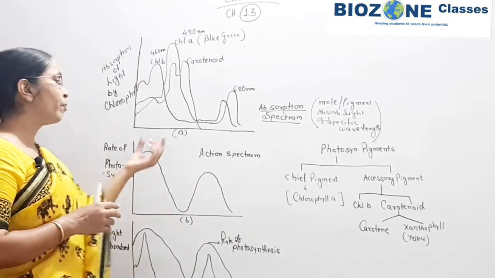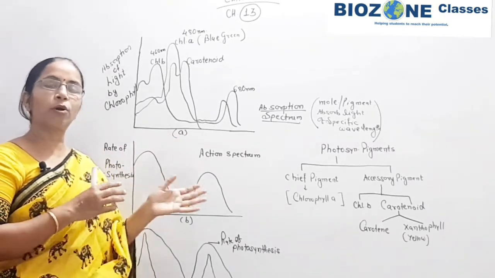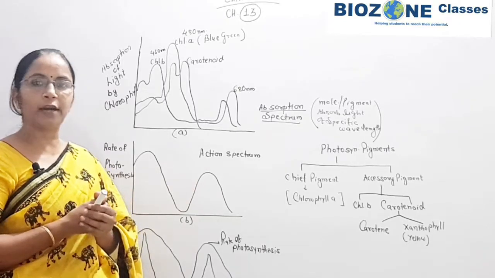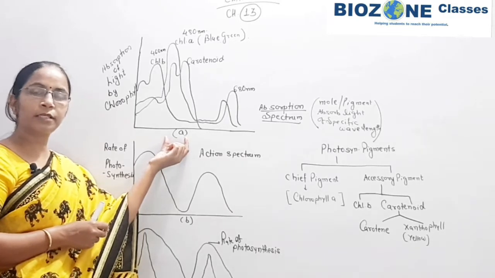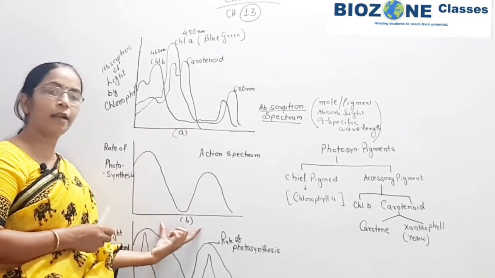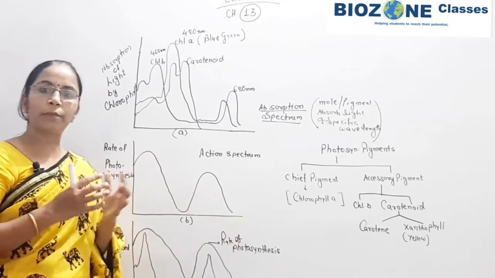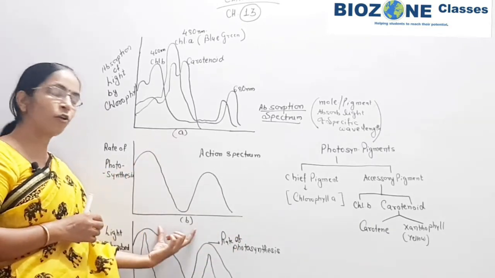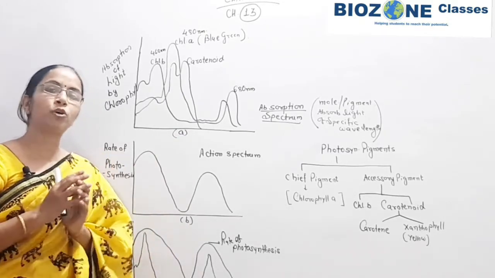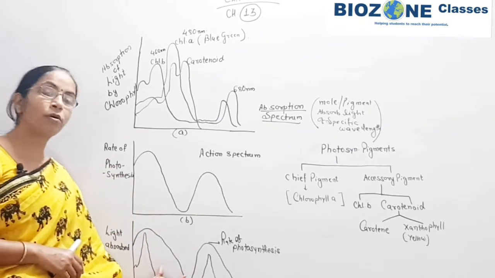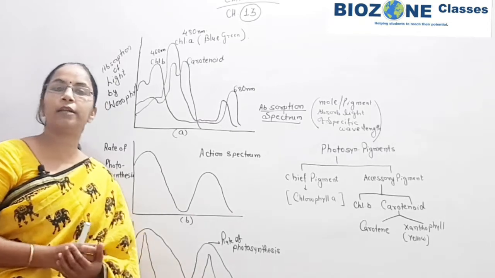For the absorption spectrum, open your NCERT book with this topic and come towards the graph of NCERT, and the A graph we discuss. In the A and B graphs, the x-axis generally is not provided with any kind of measurement. So on the x-axis for both graphs, you remember we only take the wavelength, and the range of wavelength is provided in your third graph C, that is 400, 500, 600, 700 nanometer.